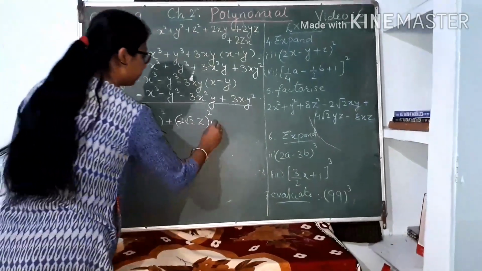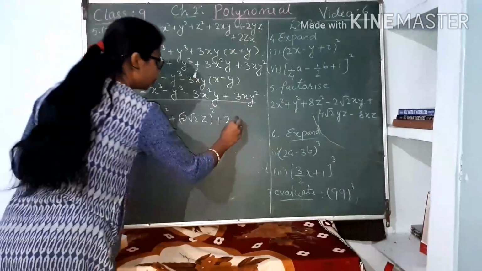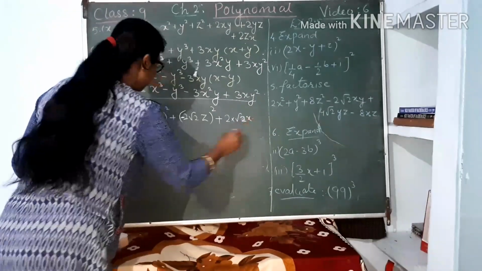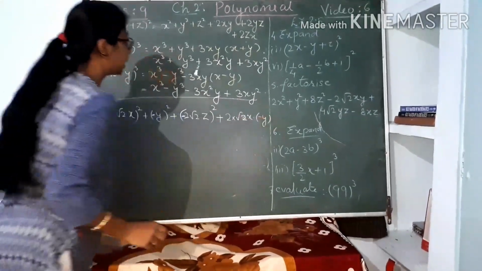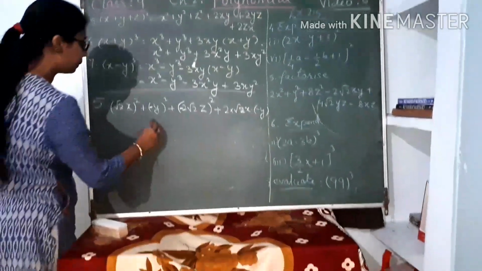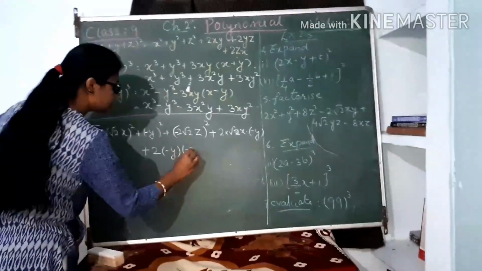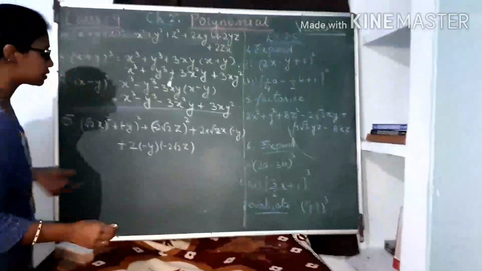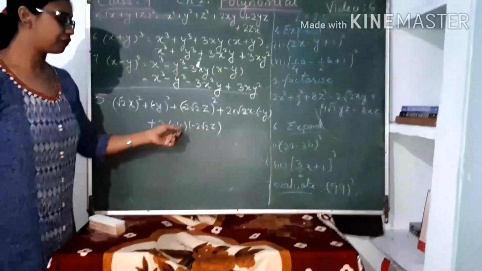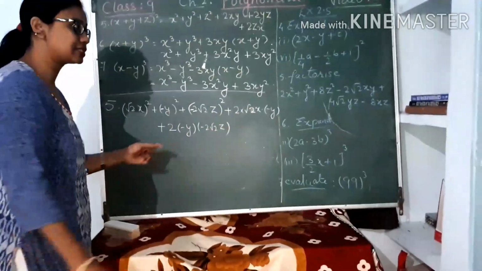Now plus, the next term should be 2xy. Check: 2 root 2 x into the y term, which is minus. Are you getting the same term? 2 root 2 xy with minus sign, then plus 2 into minus y and minus 2 root 2 z. Check the answer for this: 2 into 4, minus minus positive, 4 root 2 yz is the next term.